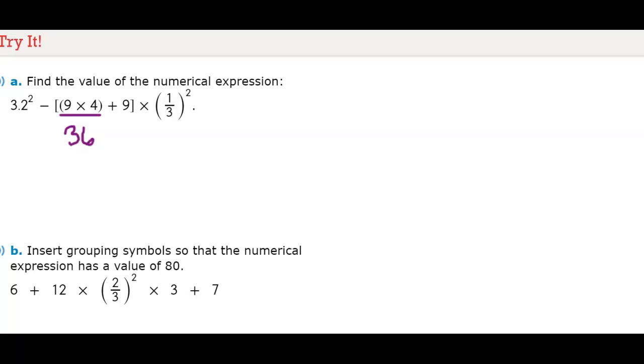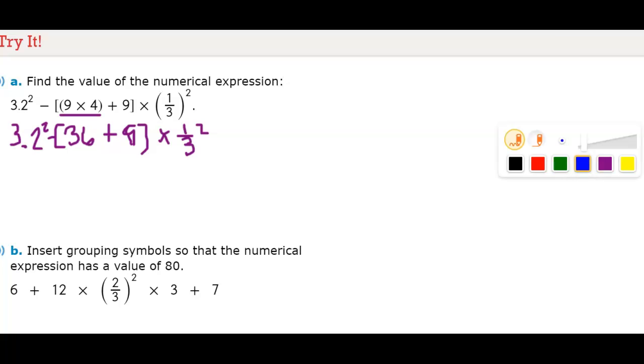So we now have inside our brackets 36 plus 9 times 1/3 to the power of 2. And we have 3 2/10 to the power of 2 minus. Okay, now the next step, we're going to do the next grouping. I'm just going to do it in a different color. We have inside our bracket 36 plus 9.